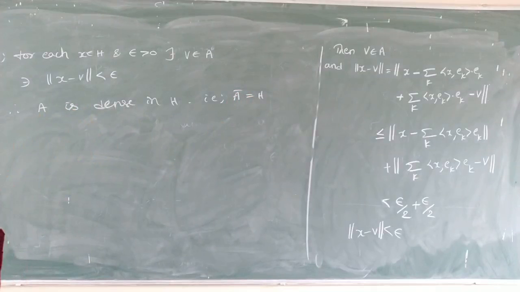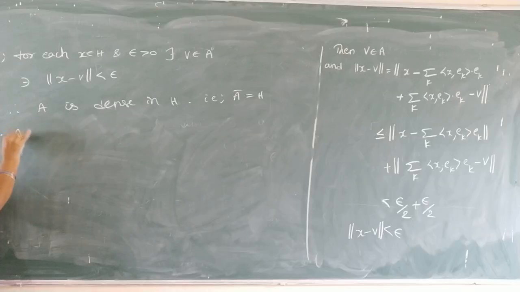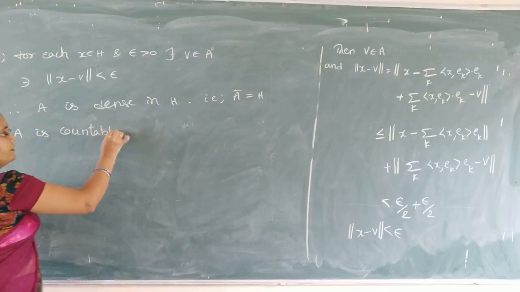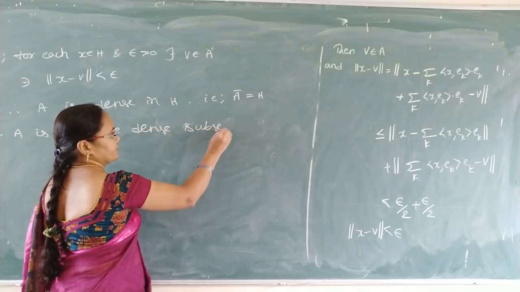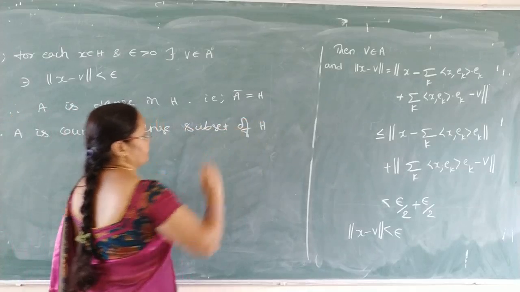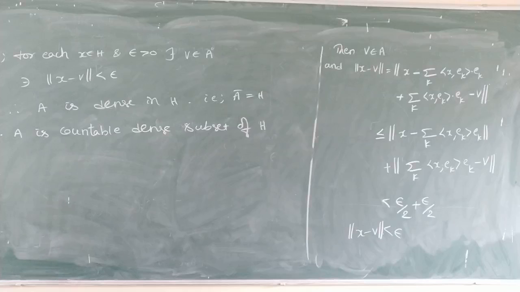In the above lines we already got that A is a countable subset of H. Now we got that A is dense in H. Therefore A is a countable dense subset of H. So H contains a countable dense subset, and then H is called separable.